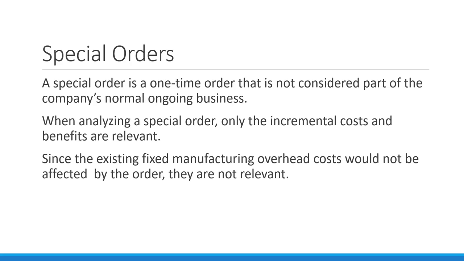Since the existing fixed manufacturing overhead costs are not affected by the order, they are not relevant. So we're going to be looking at additional revenues and variable costs, because we can't change or eliminate the fixed manufacturing overhead cost.